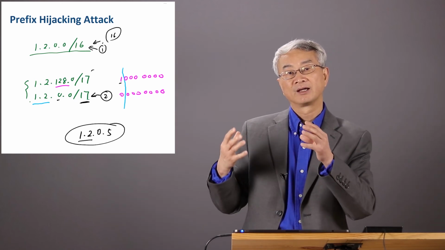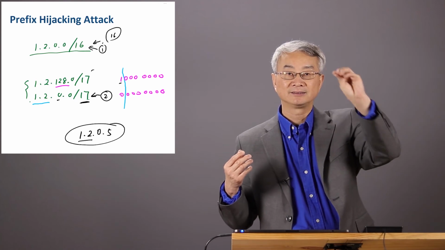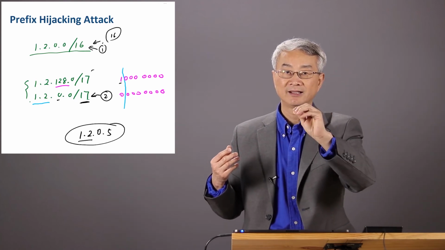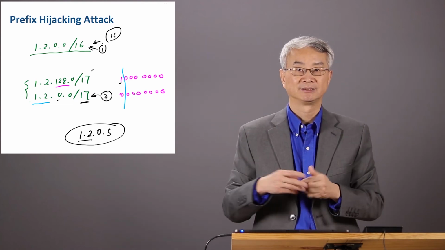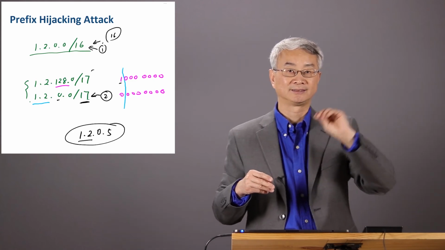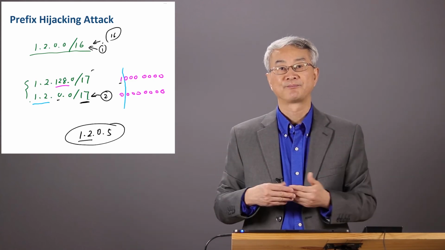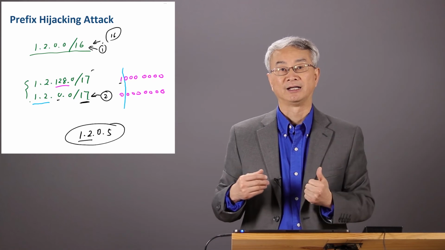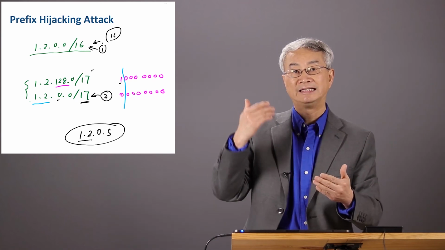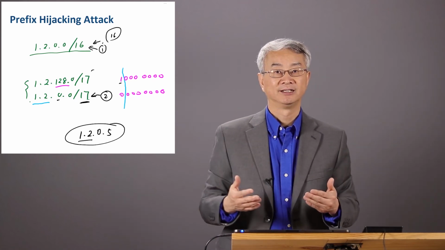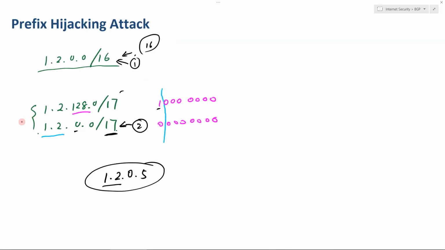Basically, if somebody announces this /17 network prefix, the original one, the /16, is going to be useless because no router is going to use it. And that is called network prefix hijacking. So the attacker basically announces this. This is the target, the victim.